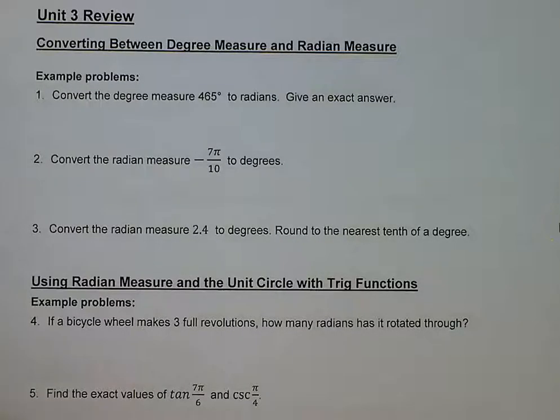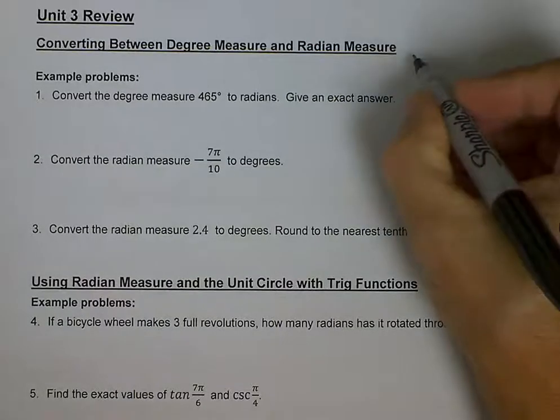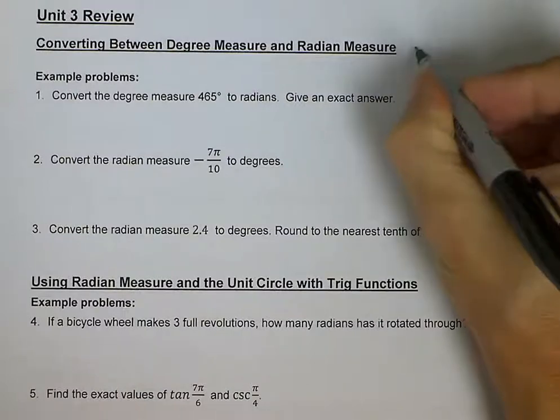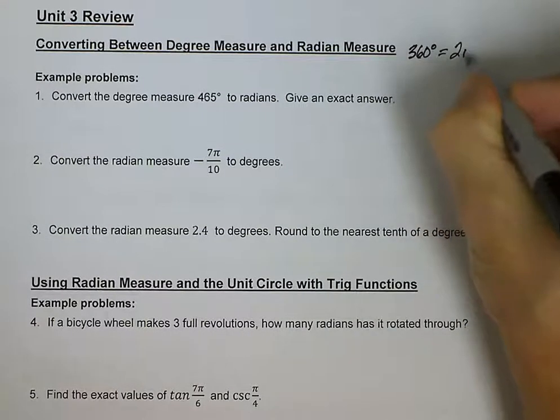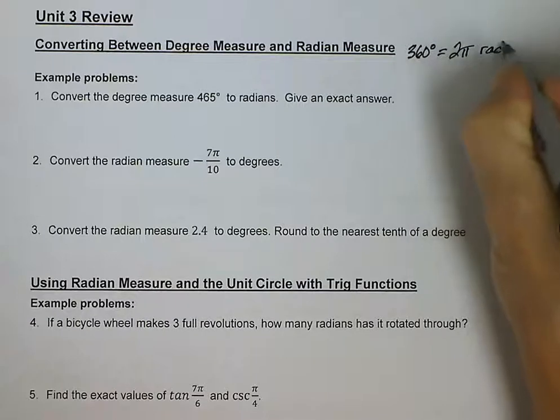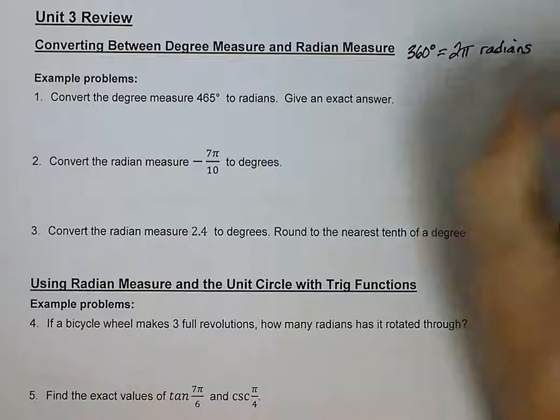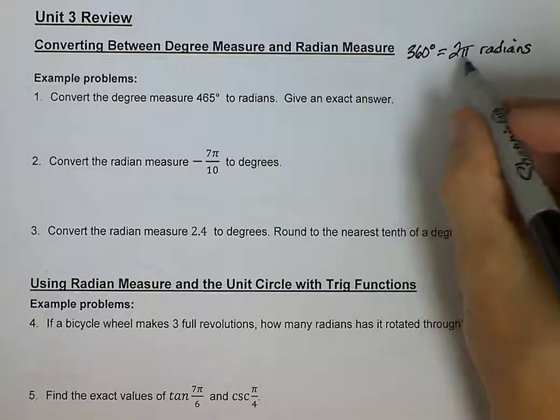If you're going to remember something or if you're going to put it on your cheat sheet, one easy thing to remember is that 360 degrees is the same as 2 pi radians, because both of these signify going around a full circle.